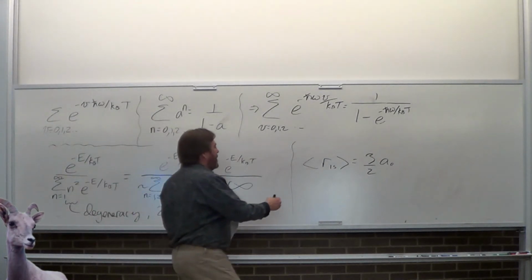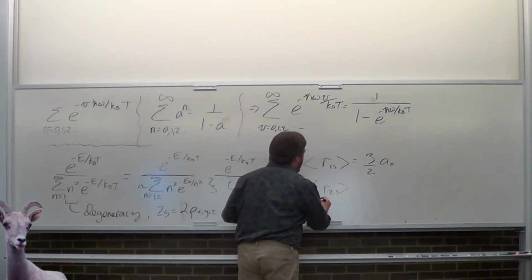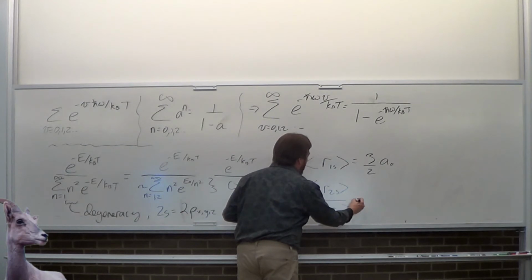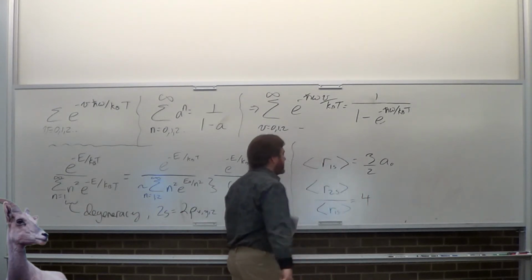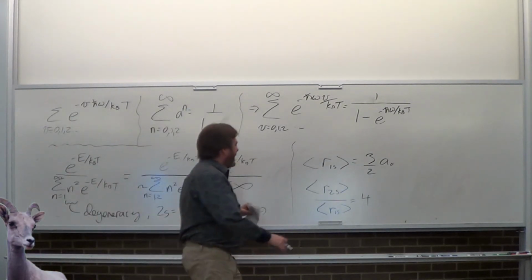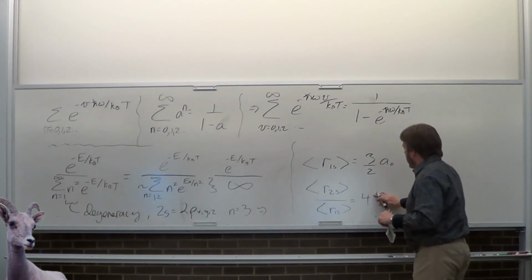Okay. Now, in the appendix, I gave you the average for the 2s. And by the way, if you divide it by the 1s, I don't remember it off the top of my head, the ratio is 4.